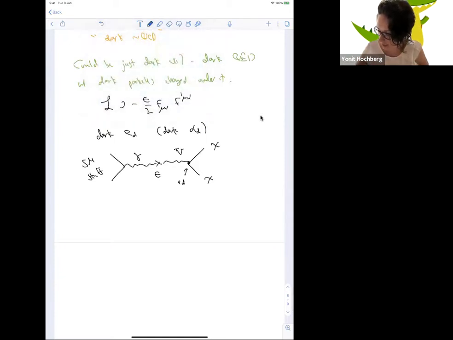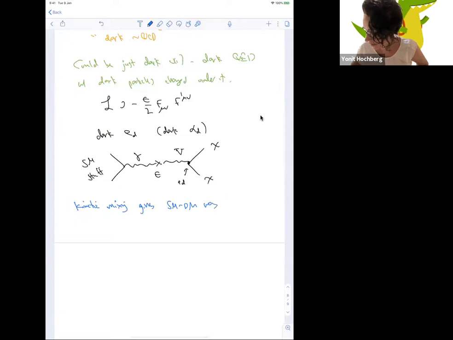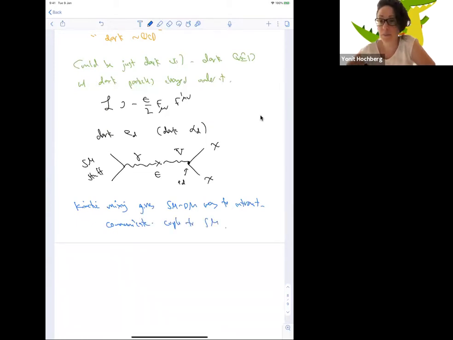But importantly, what this kinetic mixing does is it gives standard model and dark matter a way to interact, a way to communicate, a way to couple to the standard model. So this is an extremely simple dark sector, and this is an extremely simple thing for us to have in any more complicated dark sector as well.